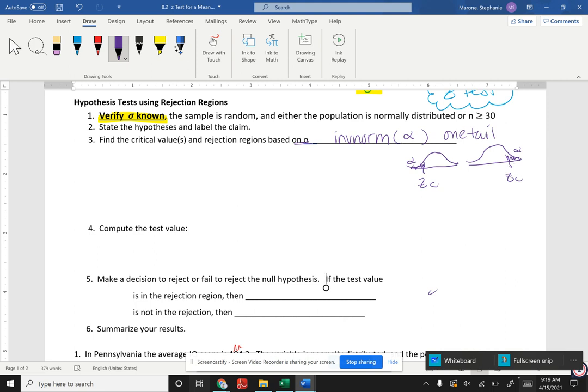If it's a two-tailed test, then we do the inverse norm of alpha over 2, like the confidence intervals.